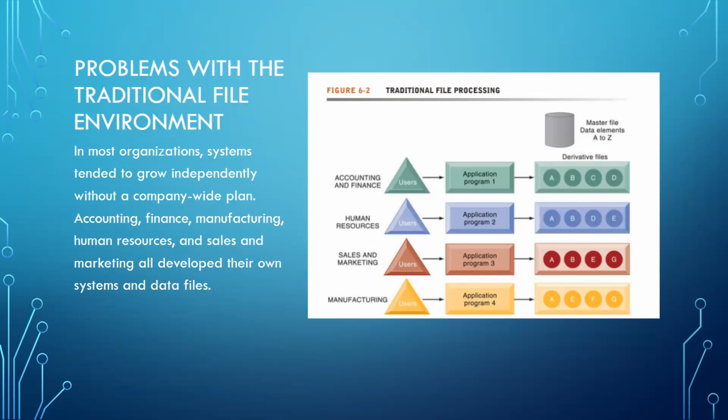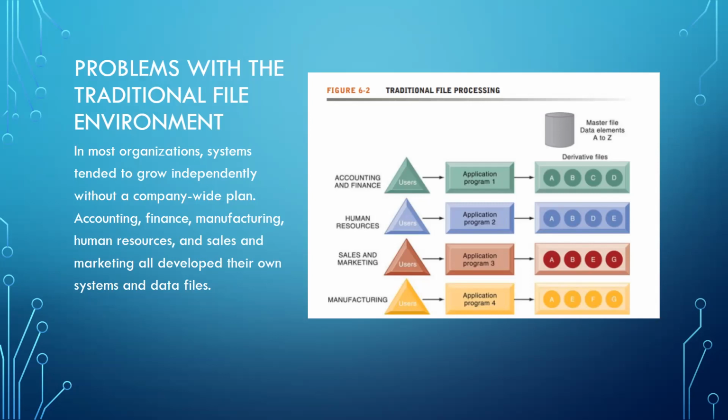So in most organizations, systems tended to grow independently without a company-wide plan. So the accounting, finance, manufacturing, human resources, and sales and marketing all develop their own systems and data files. So the traditional approach to file processing encourages each functional area in a corporation to develop specialized applications.